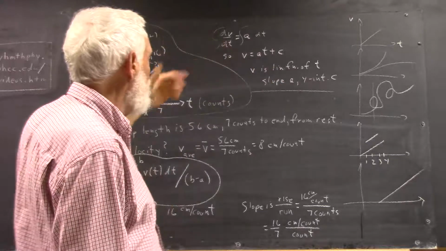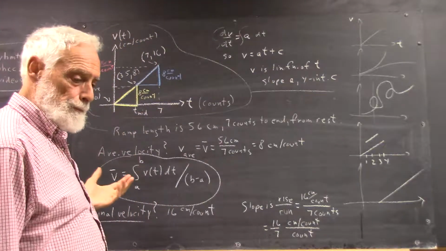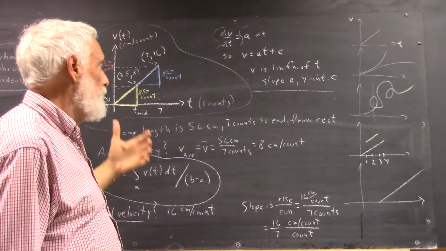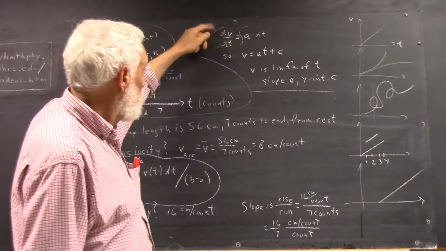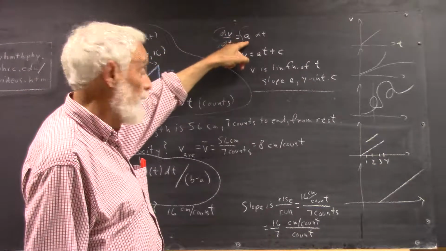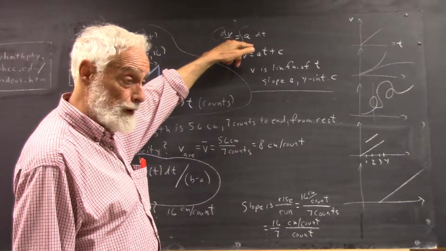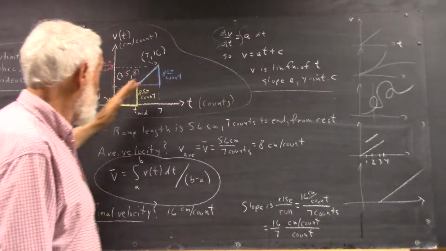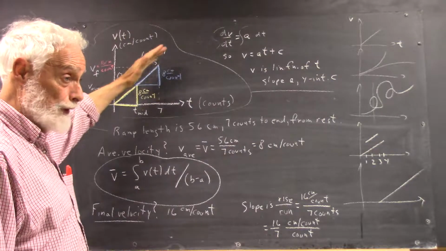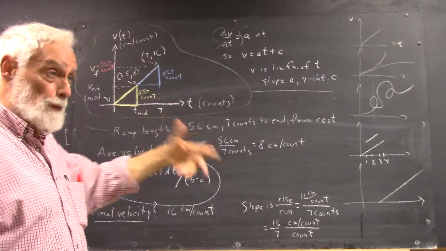V is a linear function of t. And that comes from the premise that dv dt is constant and equal to a. If dv dt, the derivative of v with respect to t, is a, of course that means the slope of the v versus t graph is a, because the derivative represents the slope.